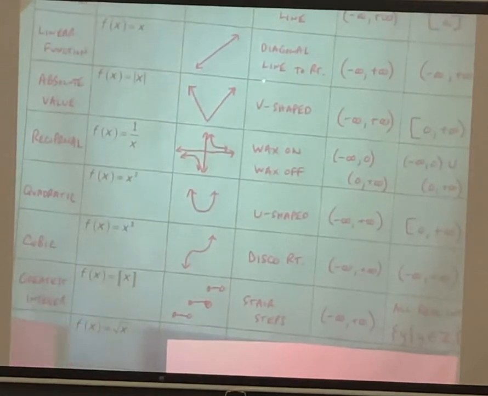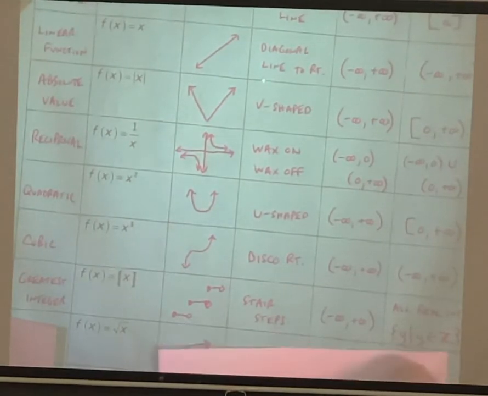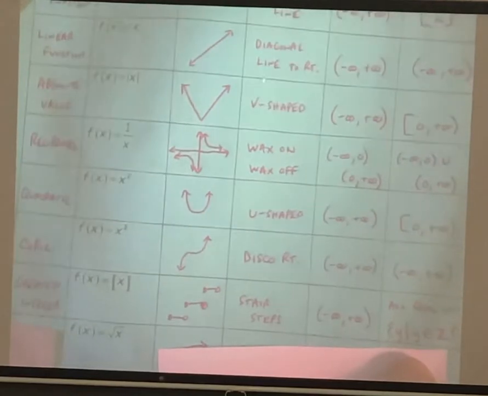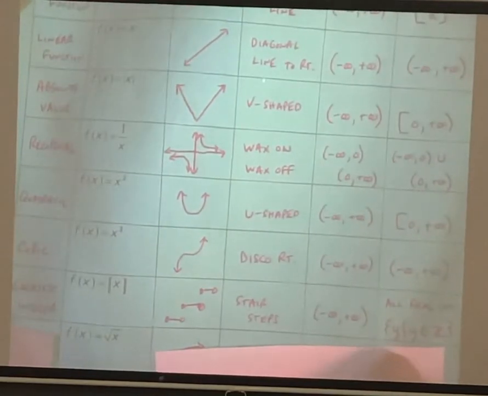We know the domain is negative infinity to positive infinity. But we say the range is all of our integers. And so when we write that, we write it as I've written it here on the screen. Hopefully you can see that. It's kind of hard to see, but we say for all y such that y is an element of the integers, which the integer symbol is that Z shape.